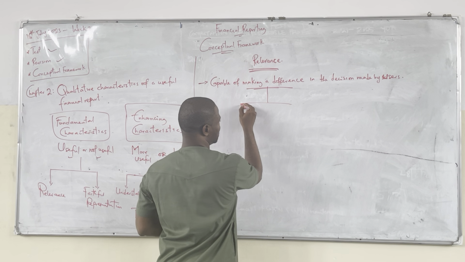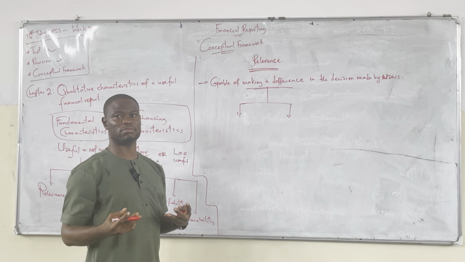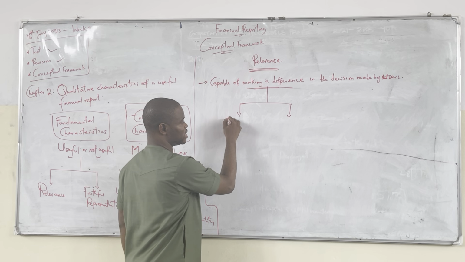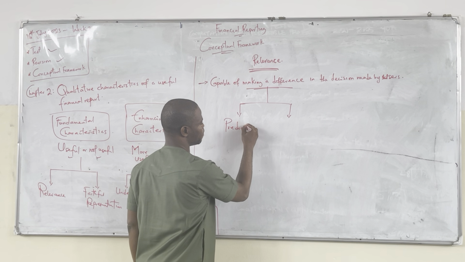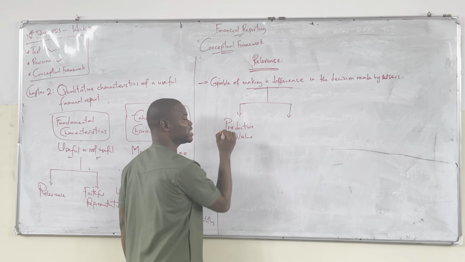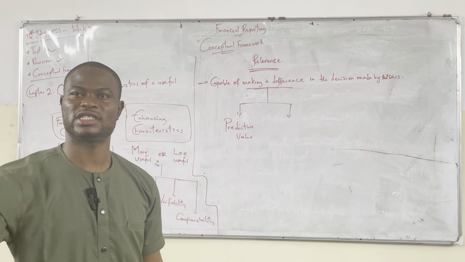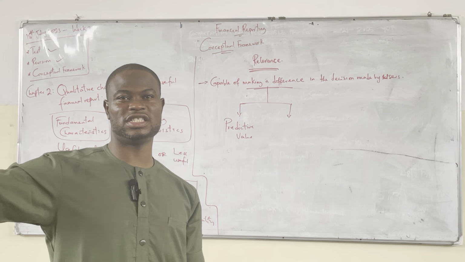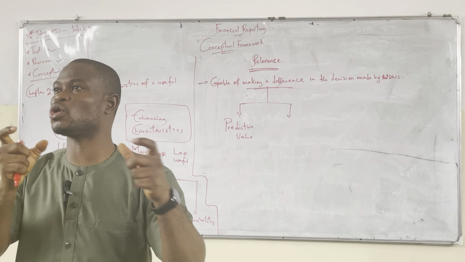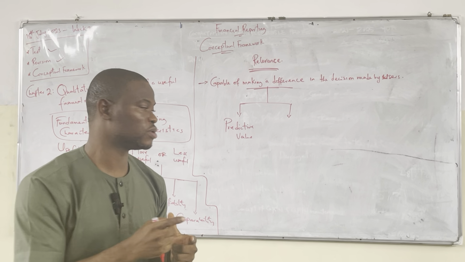And from the examples I've given you, you will see that making a difference has two qualities of value. One is predictive value. Anything that will make a difference, you must be able to use it to make predictions: that if I do this, this is the result; if I don't do this, this is the result. So relevance must have predictive value.